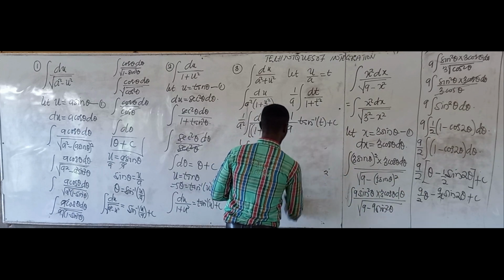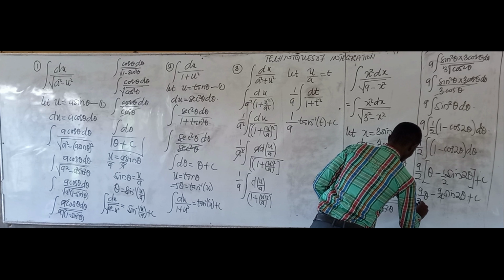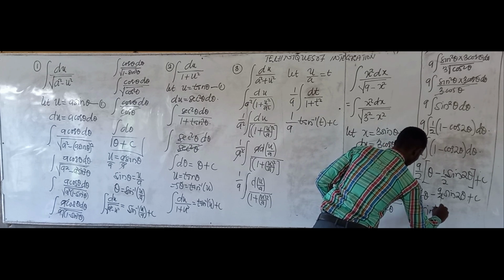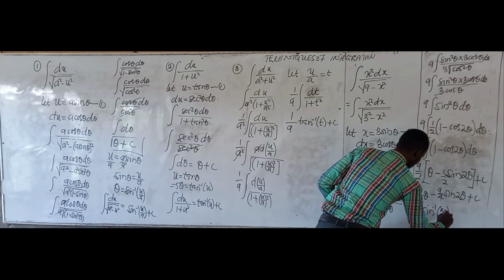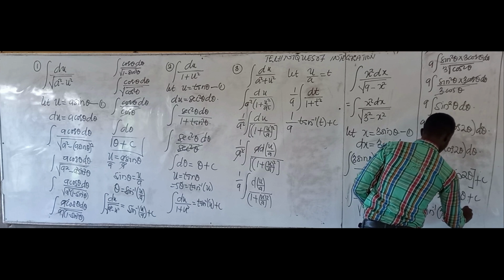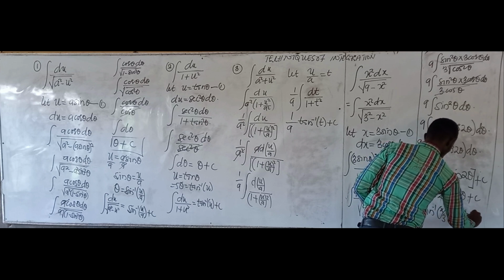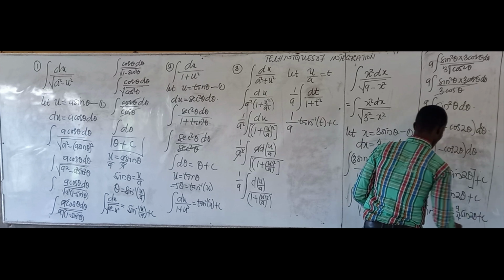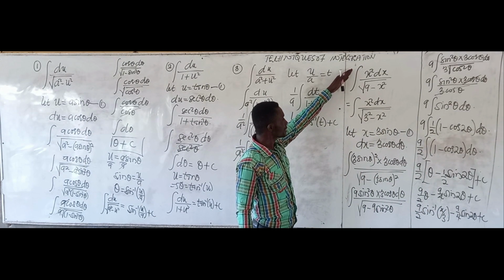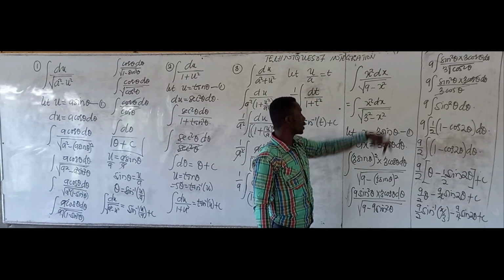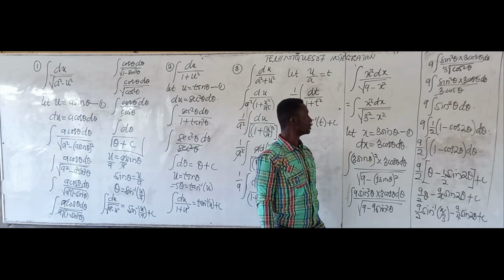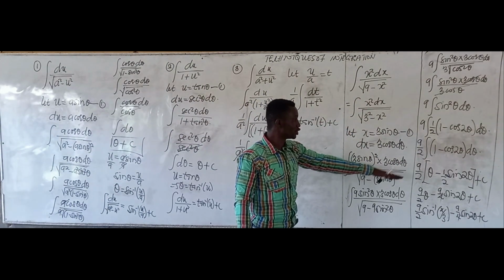So I will get 9 over 2 sine inverse of x over 3 minus 9 over 4 sine 2 theta plus c. And this is the integration of the function x squared over the square root of 9 minus x squared dx.